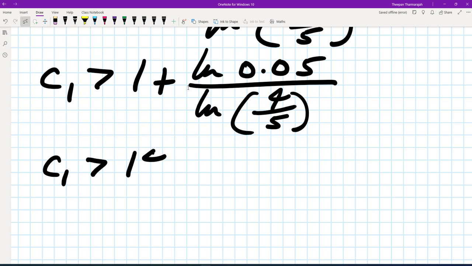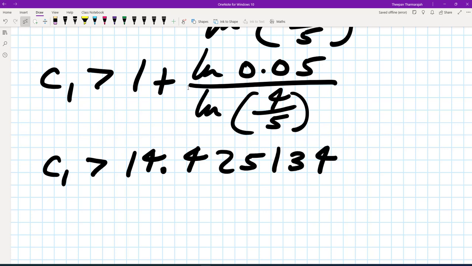So we get 14.2513488. I normally write the full calculator display out. We need to be strictly greater than that value. So therefore, C1, you could write C as well, it doesn't make any difference.